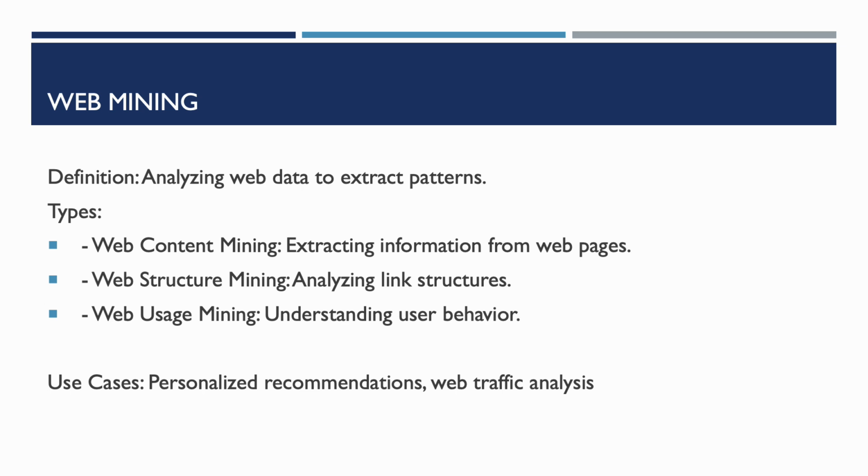Then you'll see some use cases. First, personalized recommendation. Web mining is used by e-commerce websites to track users' browsing and purchasing history to generate personalized product recommendations. The best example is whatever you search on Google, you will get an ad on Facebook or Instagram right away, and whatever you are saying, your phone is listening to you, and you will get an ad related to that particular thing you are talking about.